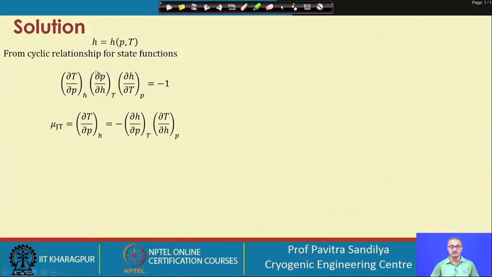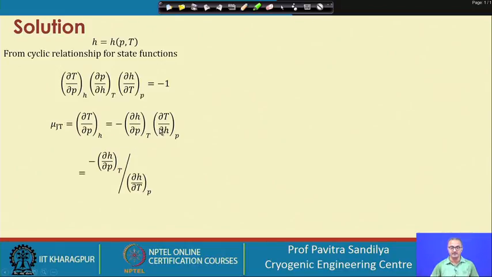Now, using the cyclic relationship, we can replace (∂T/∂P) at constant H by (∂H/∂P) at constant T and (∂T/∂H) at constant P. It is simply that we have taken the reciprocal of these two terms. Everything we are doing with respect to H, because H is a function of temperature and pressure.